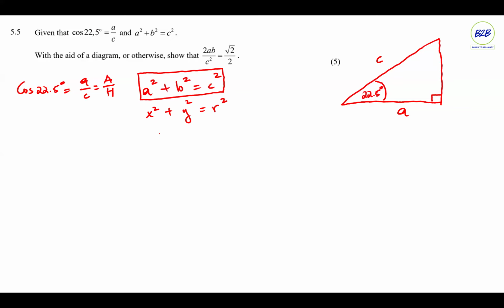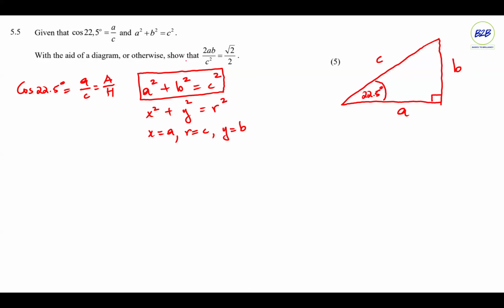So in this case, it would be appropriate to say, oh, so x is equal to A, as we can see in the right-angled triangle that we have. It would be appropriate as well to say, oh, so r is equal to C, as we can see in the given right-angled triangle. Therefore, that means y is equal to B. And therefore, here we have B. All right, that is how we sketch the right-angled triangle.